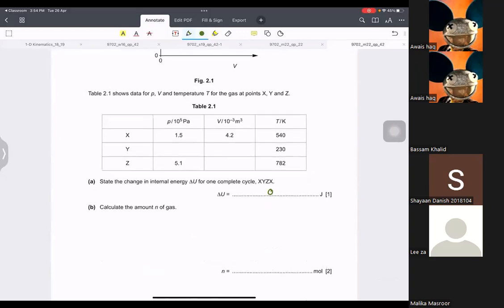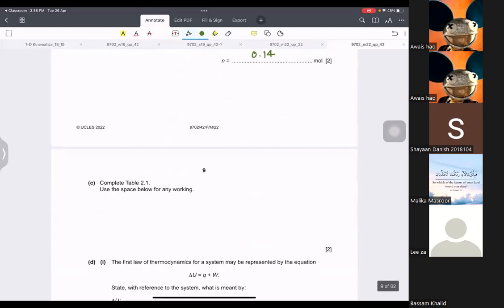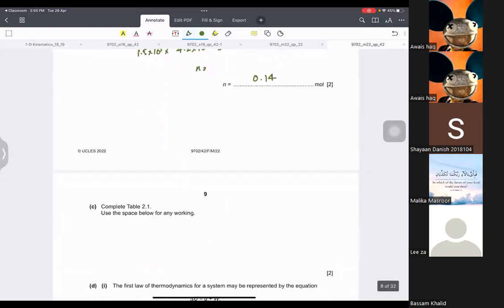So we have temperature, we have volume, we have pressure for one of it. So we can use this. PV equals nRT. 1.5, 4.2, and 8.31, 540. What was the answer? 0.14. 0.14. Very good.